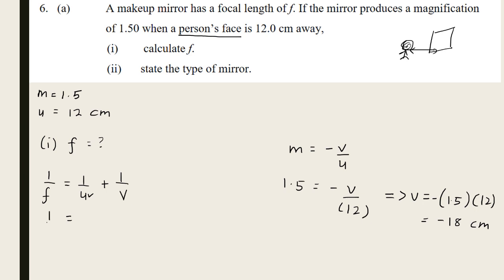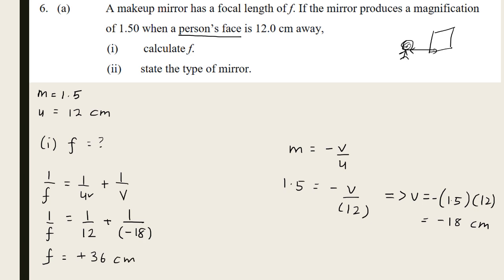So 1 over f equals 1 over 12 plus 1 over negative 18. Okay, don't forget the negative sign, that's very important. Carry out the operation, and that should give you the answer where focal length is equal to positive 30 cm.